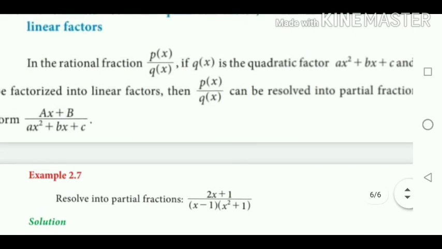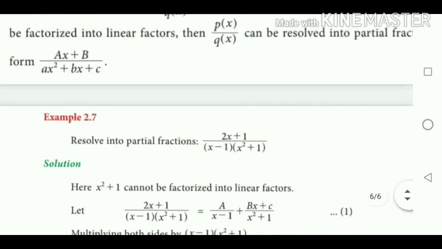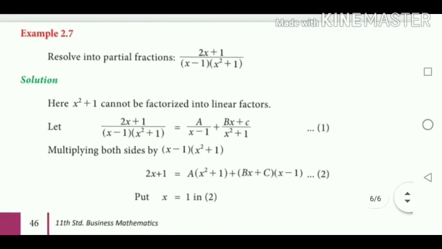Example 2.7. Here it is in the form of (Ax plus B) divided by (ax square plus bx plus c). Okay. We are going to see the model like this. Resolve into partial fractions 2x plus 1 divided by (x minus 1) into (x square plus 1). If it is x square minus 1, we are getting (x plus 1) and (x minus 1).